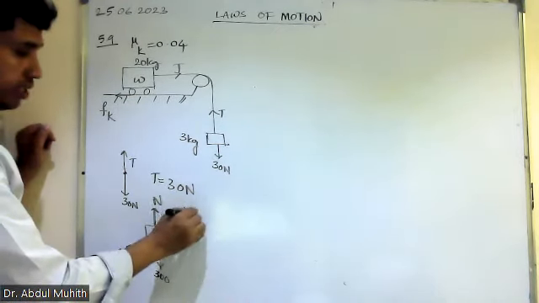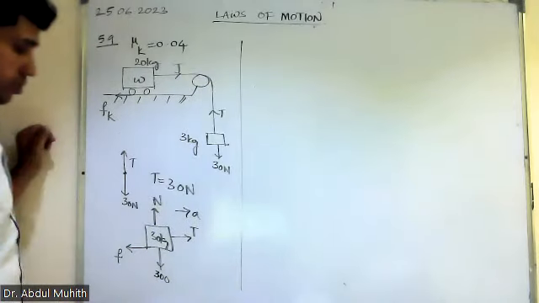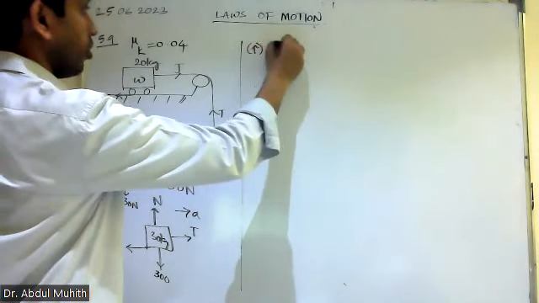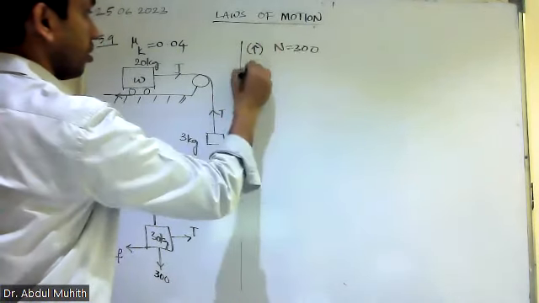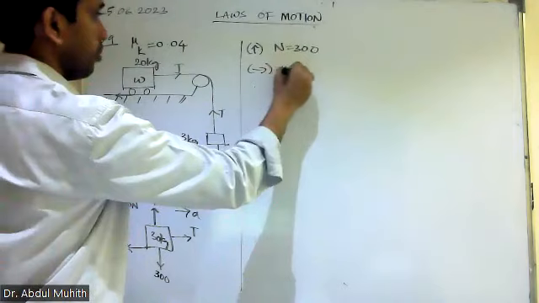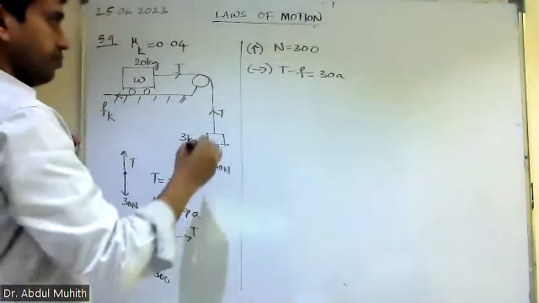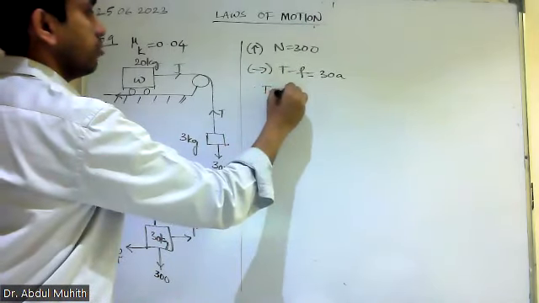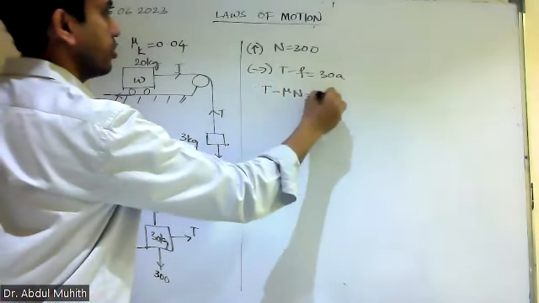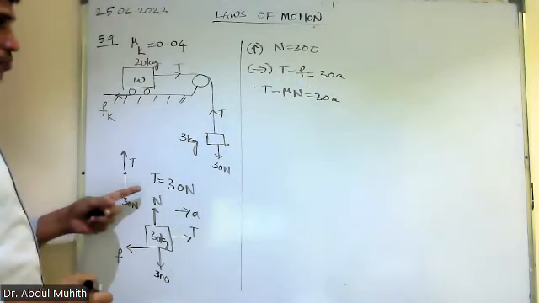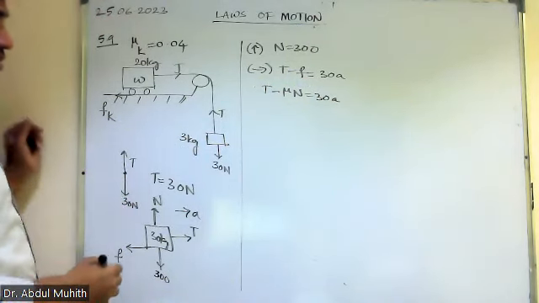A is the acceleration. Now we will see vertical forces. N will be equal to 300. Horizontal forces: T minus F equal to MA, 30 into A. So T minus mu times N is equal to 30 into A. T is the tension, 30.